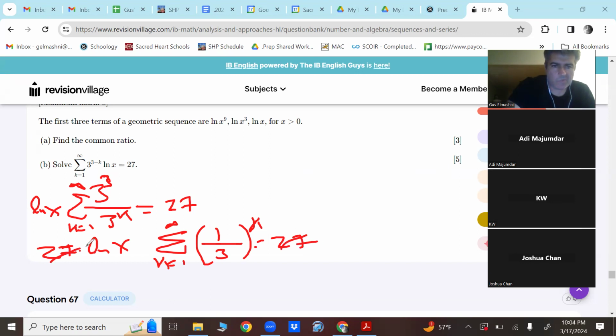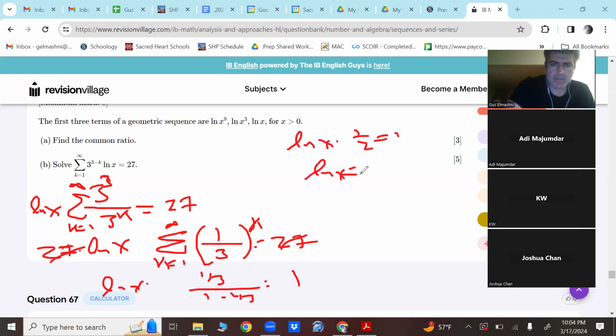The 27s will cancel. Natural log of x. If I plug in 1 for k, I get 1/3. It's an infinite geometric sum. 1 minus 1/3, so ln x times 3/2 equals 1. ln x equals 2, because 1/3 over 2/3 is 1/2, and then x equals e squared.